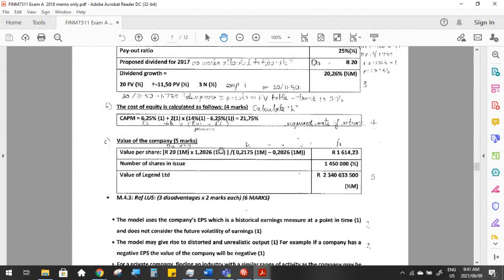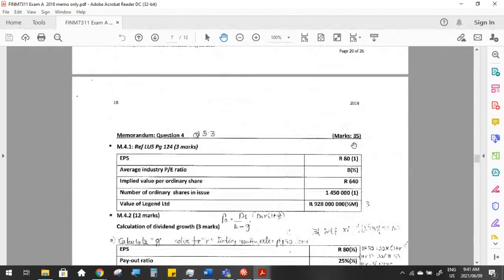So this is D1 over K, which is my required rate of return, which we've calculated here, minus G, which is the growth rate, which we calculated here. So you had to calculate each of the inputs for that dividend growth model. So you can then calculate the value per share multiplied by the 1450 shares, and then again get a valuation for the company as a whole using the dividend growth model.